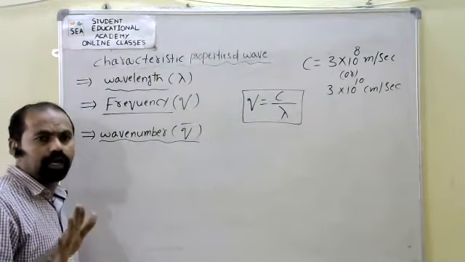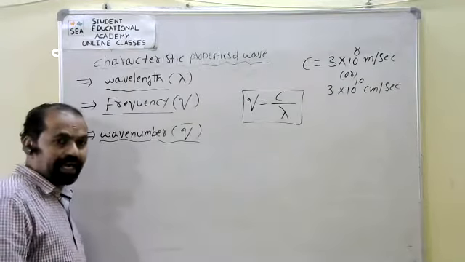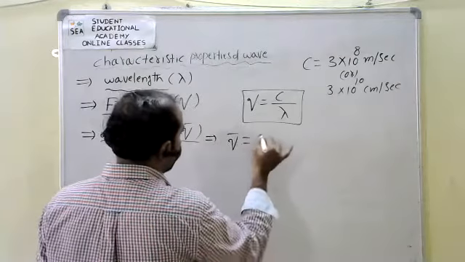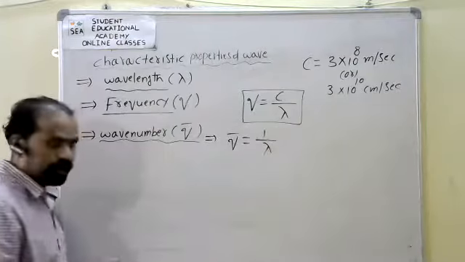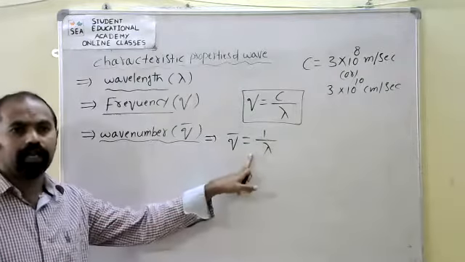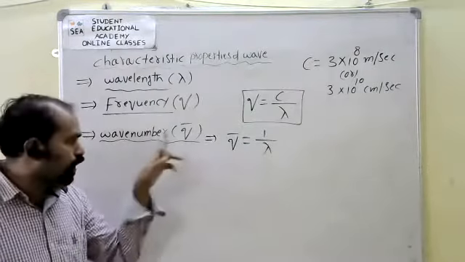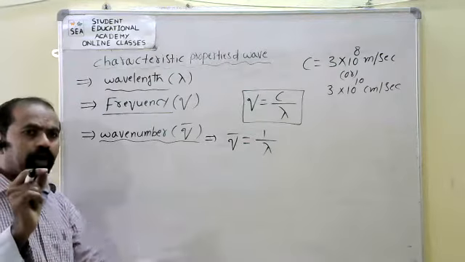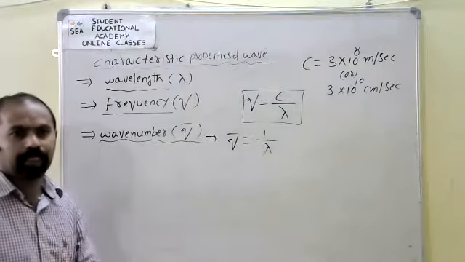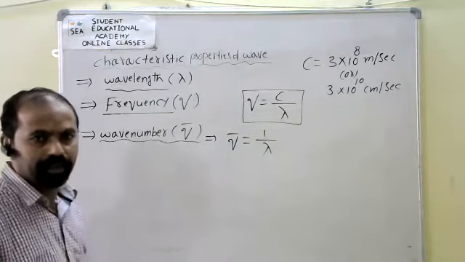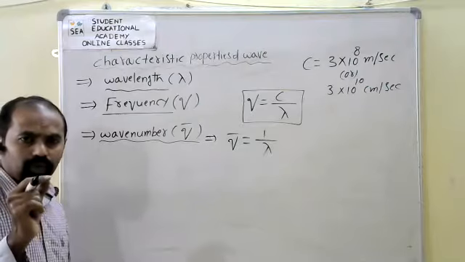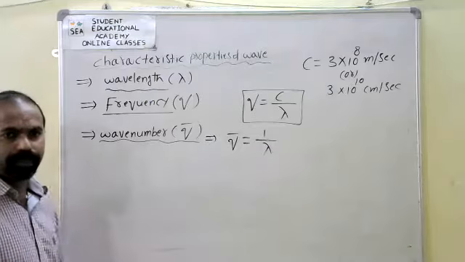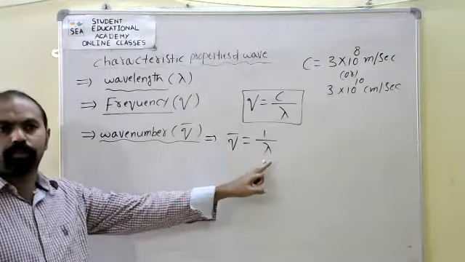The reciprocal of wavelength is called wave number. Otherwise, it is also defined as the number of wavelengths per unit length. That is also called wave number. That is, nu bar equals 1 by lambda.